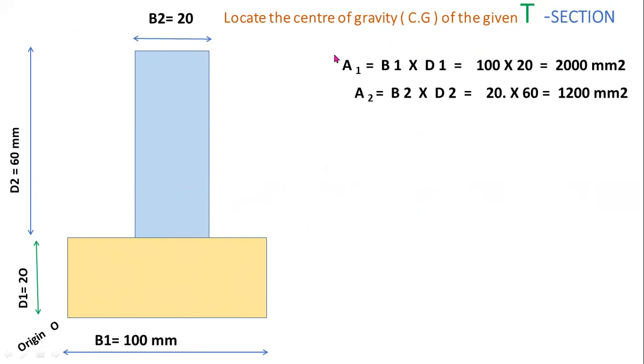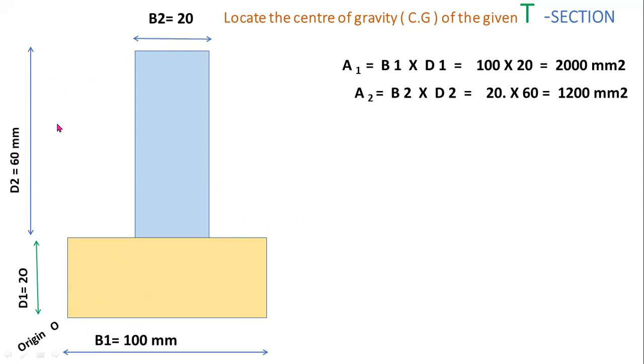First of all, you have to calculate the individual areas. A1 is the area of a bottom rectangle. A2 is the area of an upper rectangle. This one is a rectangle, so the area of a rectangle is base into depth. B1, D1 are the two dimensions for this bottom rectangle.